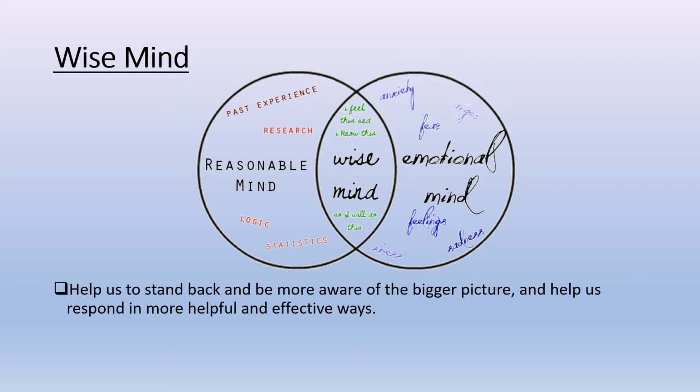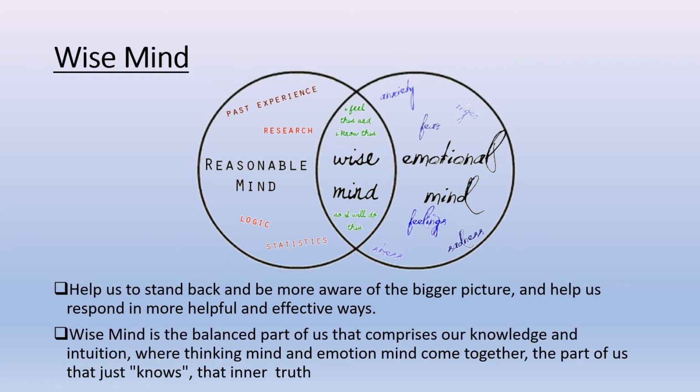It adds intuitive knowing to emotional distress and logical analysis. It is the calm that follows a storm and sees or knows something directly and clearly and ensures the needs of both emotional mind and reasonable mind are met. So when we are anxious, we can learn to be more aware of how our own belief system affects us and consider how others might see the same situation quite differently.